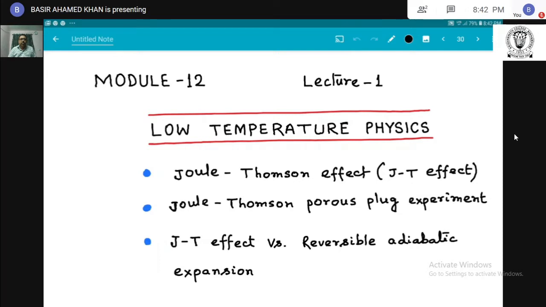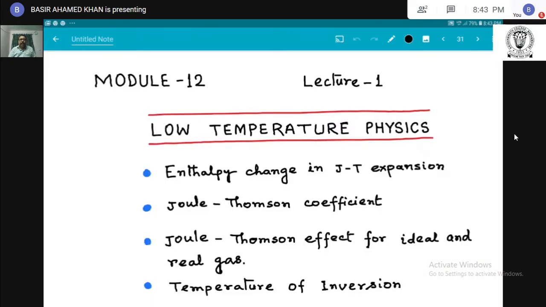In Module 12, I will discuss the chapter Low Temperature Physics. The topics of this chapter are the Joule-Thomson effect or JT effect, the Joule-Thomson porous plug experiment, Joule-Thomson effect versus reversible adiabatic expansion.